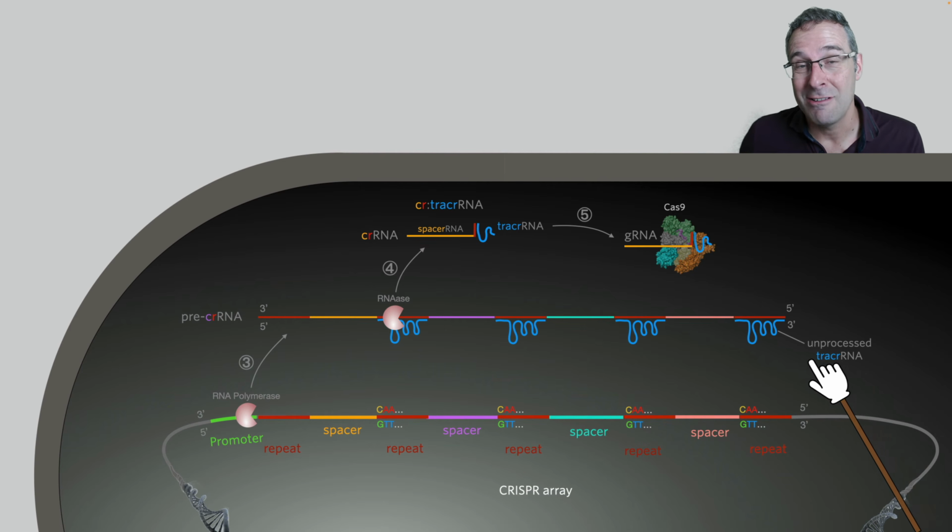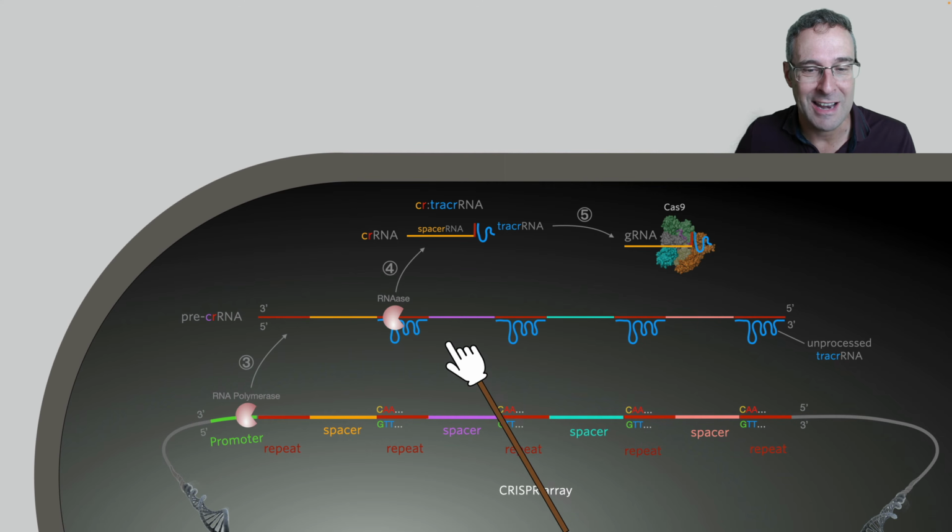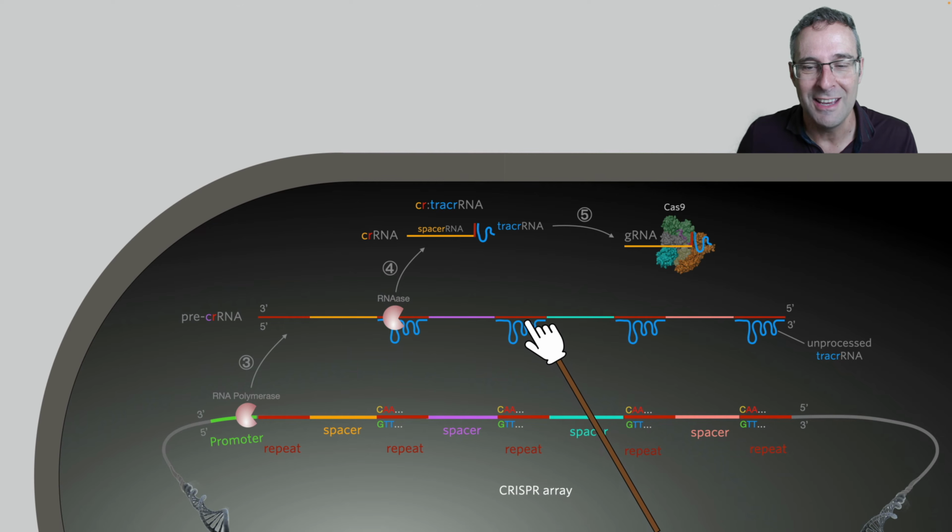And the tracer RNA has regions in it that are complementary to regions in the CRISPR RNA, and so it will stick to it. Those complementary regions will stick to the repeat regions in the CRISPR RNA, like I've drawn here.